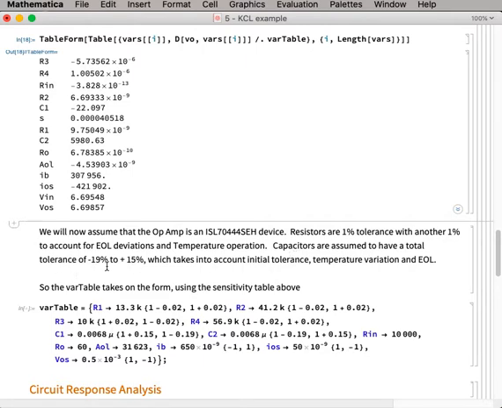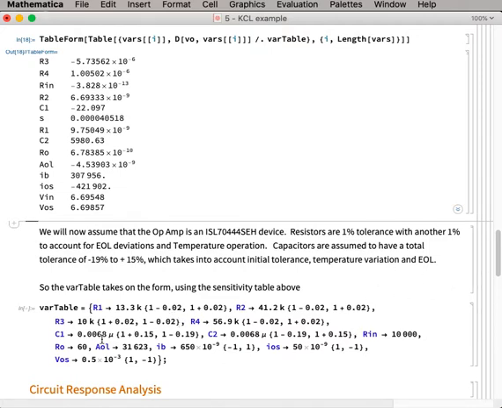I wanted to make these different so that you could see that those are easy to handle when you're using them in Mathematica. So if we plot these in, notice R1 here is a positive number, so the tolerances are going to go low to high. R3, on the other hand, is a negative number, so here the tolerances go high to low.